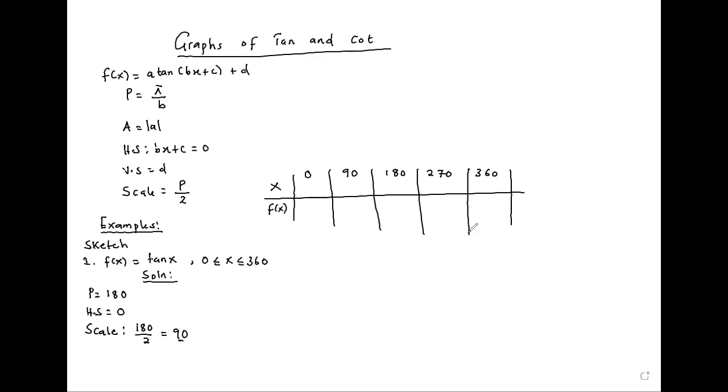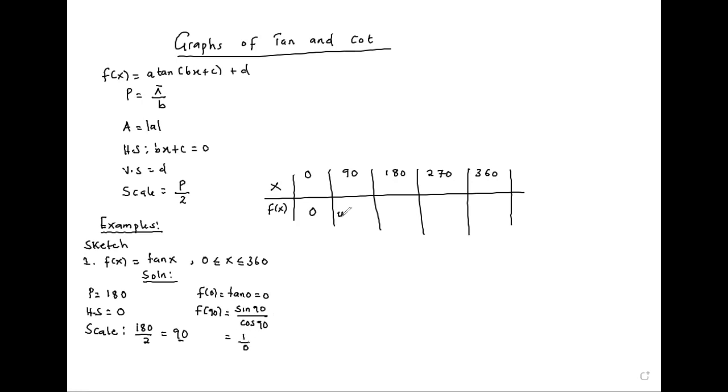F of 0. What is f of 0? We're talking of tan 0. And tan 0 is 0 because tan is sine over cos, and cos 0 is 1, sine 0 is 0. So this is 0. F of 90 is like sine 90 over cos 90. Sine 90 is 1, cos 90 is 0.